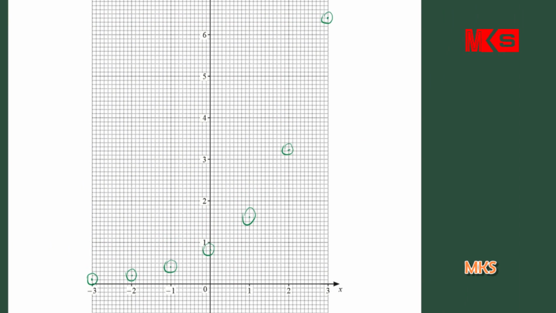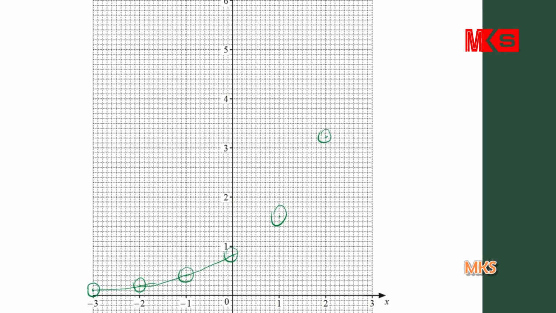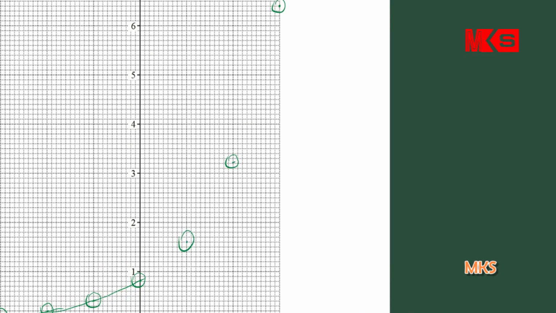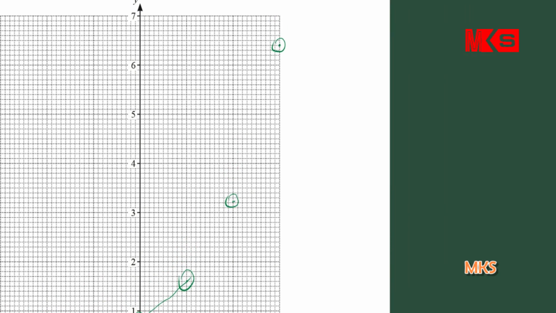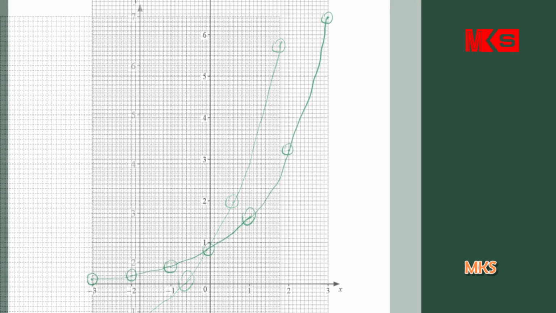Plotting the points will give you 2 marks. These points will be joined with a freehand smooth curve. So this is the graph.